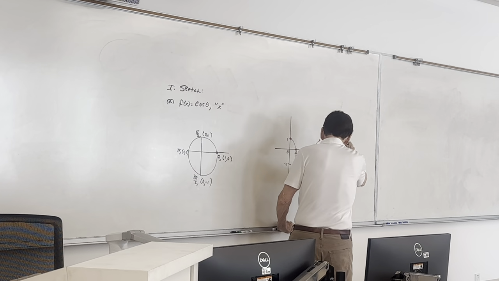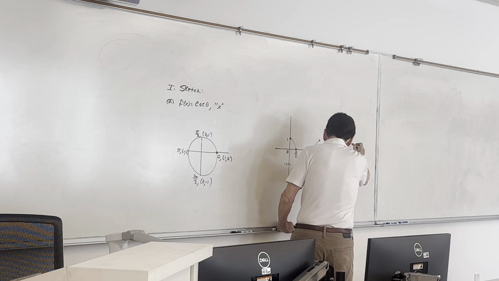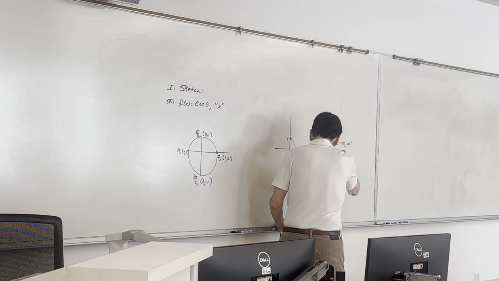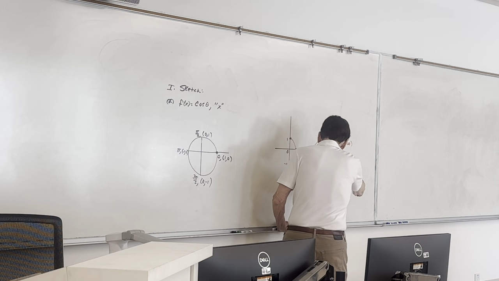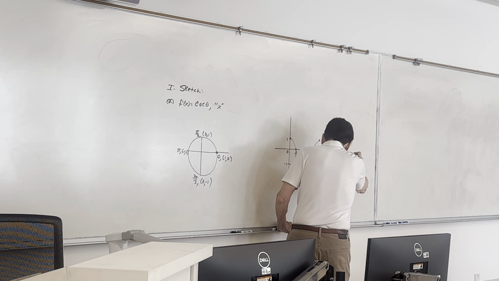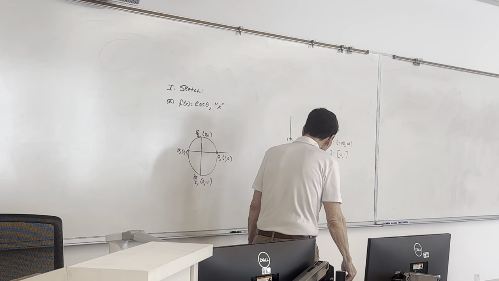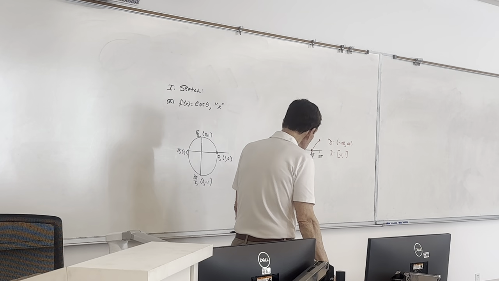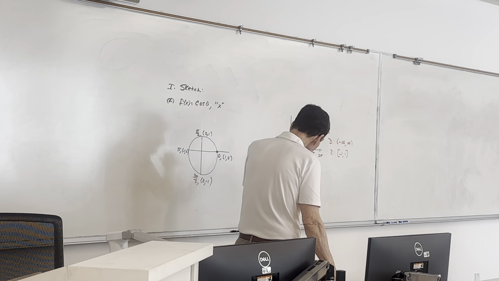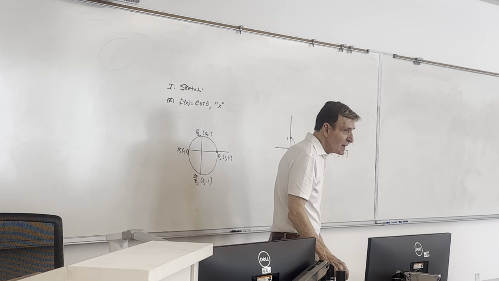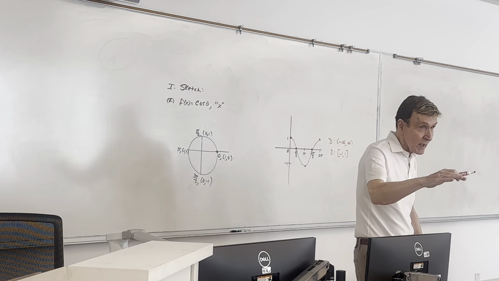That will be -infinity to infinity. Range, the up and down, though, it drops down to a -1 and goes up to a 1. That's domain, range. Beautiful.